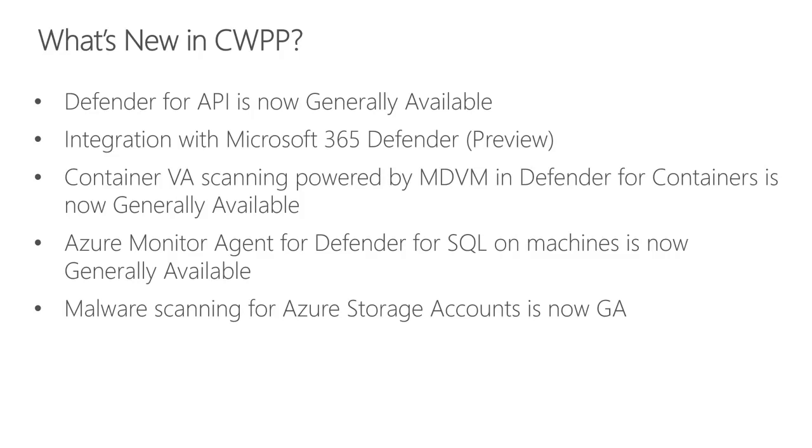This integration brings comprehensive cloud protection capabilities into your SOC's day-to-day work. With this integration, you can see the complete attack story, including now the cloud environments, in Microsoft Defender XDR. Let me show you what you need to do.